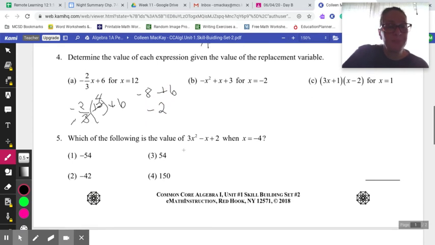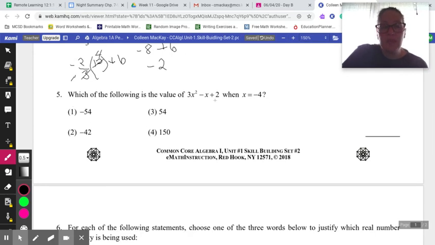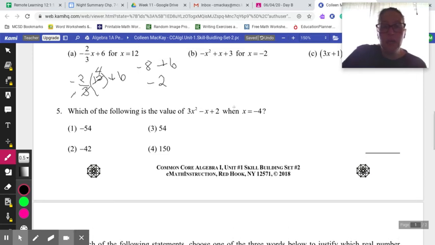Okay. Which of the following is the value of 3x squared minus x plus 2 when x equals negative 4? So everywhere I have an x, I'm going to substitute in a negative 4. So I have 3 times negative 4 squared minus negative 4 plus 2.